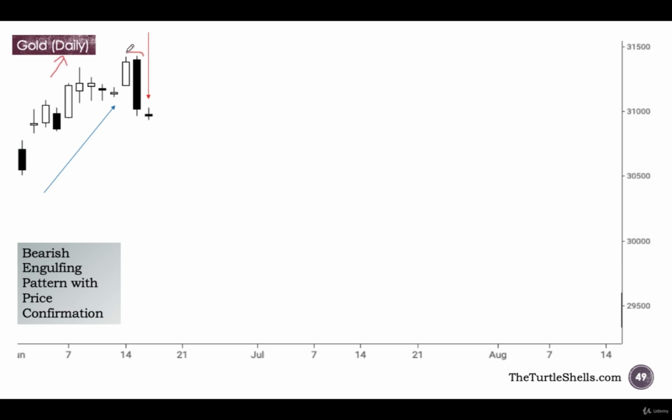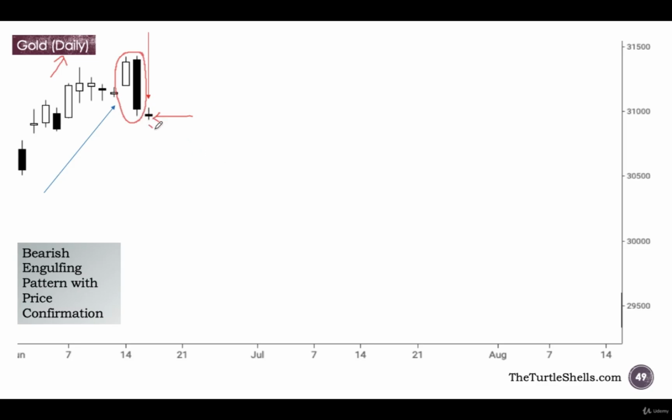So this is a nice bearish engulfing pattern. The black candle wrapping around the white candle. So it doesn't provide any prior decisive resistance confirmation. So we wait for the next candle. So that is where we get our price confirmation. The next candle closes below the close of the bearish engulfing pattern.